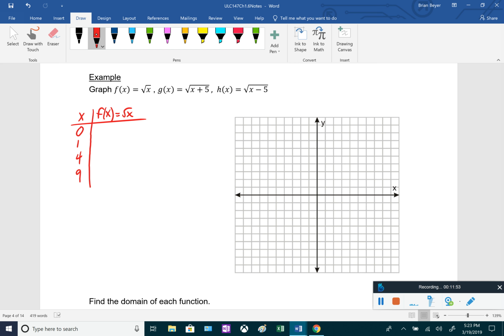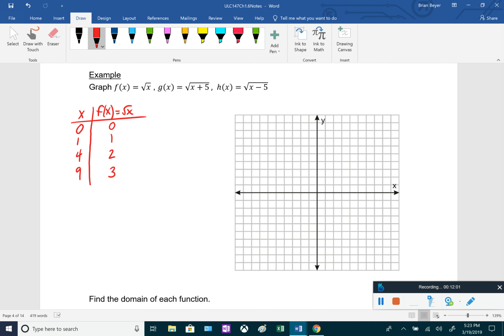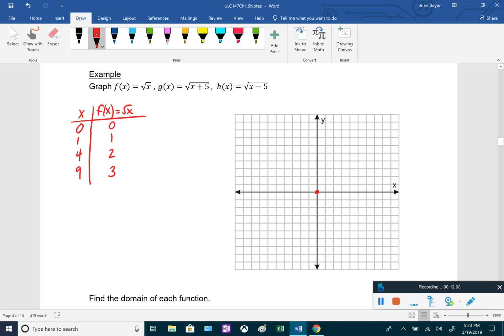So the square root of 0 is 0, the square root of 1 is 1, square root of 4 is 2, square root of 9 is 3. Now those are xy coordinates, so we can plot those: (0, 0), (1, 1), (4, 2), and (9, 3). It'll look something like that, essentially half of a parabola on its side.